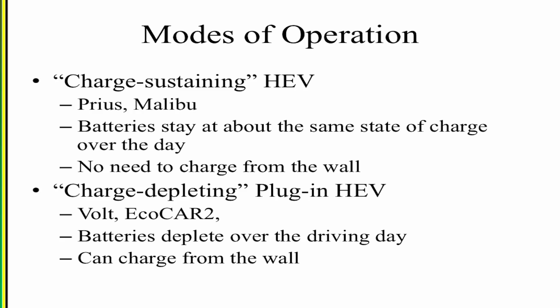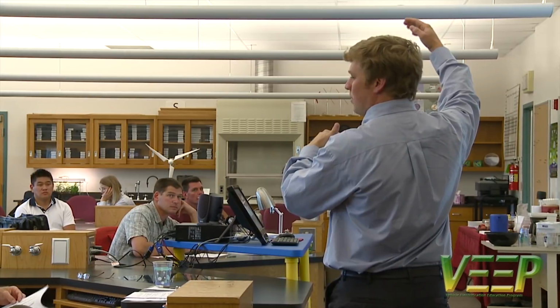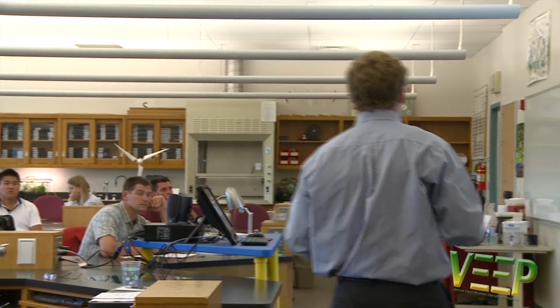The batteries stay at about the same state of charge over the course of the day. The car might discharge at a stoplight. When the light turns green, it might have a little bit of electric mode, and the battery would discharge a little bit, and then it would charge up at the next braking event or the next time that you're driving steady state or something like that.